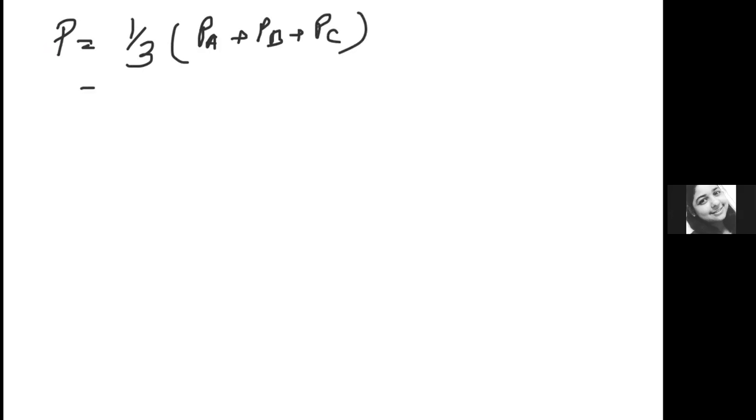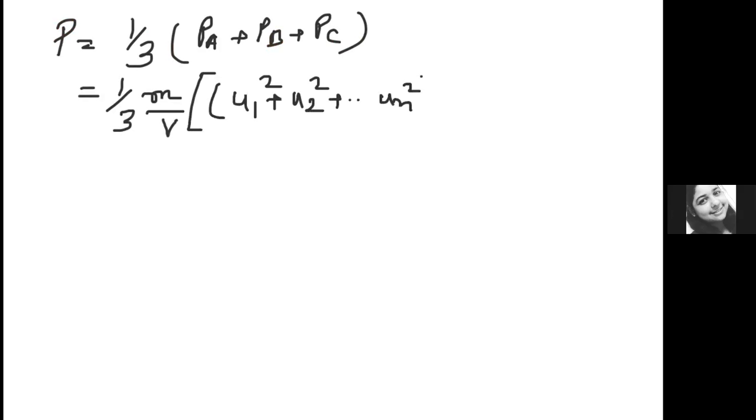So P is equal to 1/3 of PA plus PB plus PC. After we complete today, please practice this. So I'm just putting the values of respective PA, PB, and PC over here, and I get U1 square plus U2 square plus dot dot dot UN square. Take that M by V common from all, and I'm writing it in a single line.